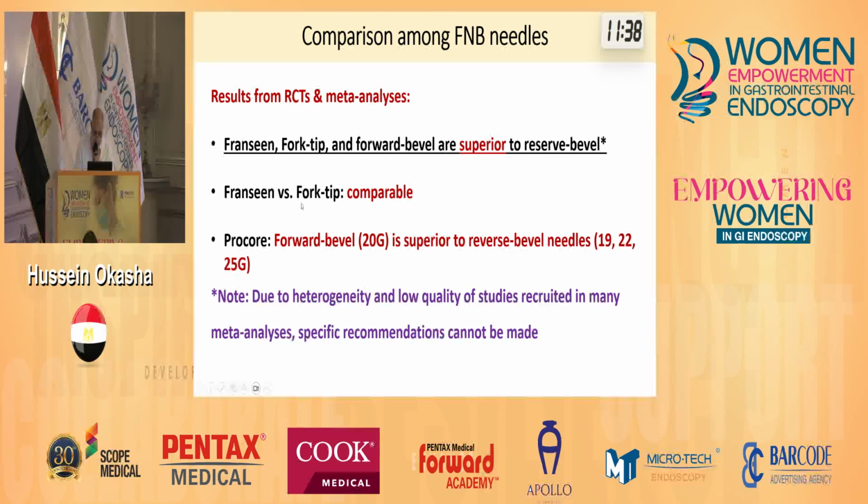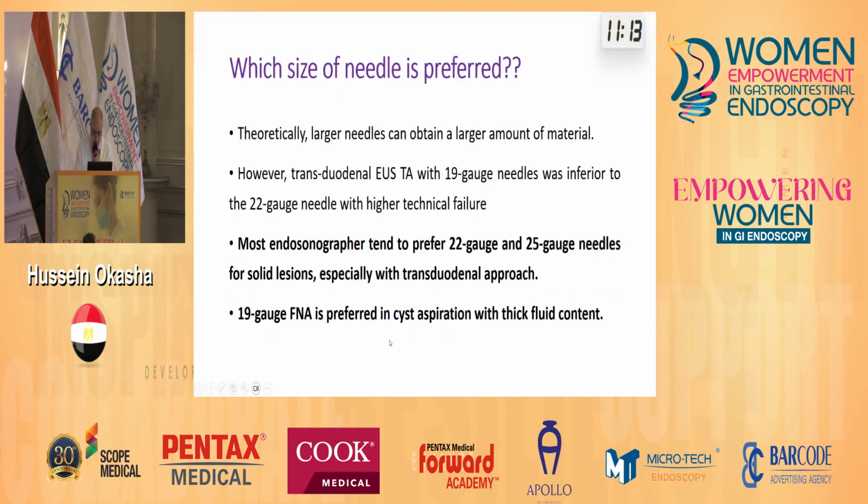And Franseen needle and fork tip are comparable. Regarding the ProCore needle from Cook, the forward bevel needle 20G is superior to the reverse bevel needle 22G and 25G. However, due to the heterogeneity and low quality of studies recruited in many meta-analyses, specific recommendations cannot be made.